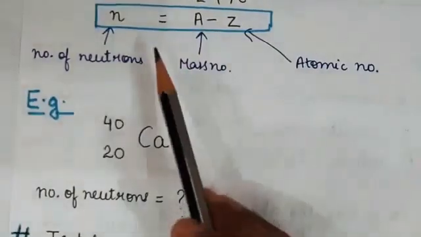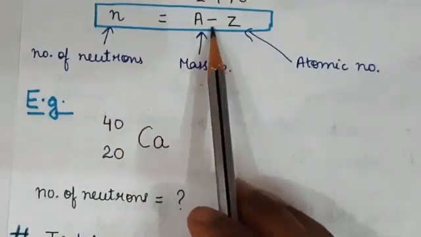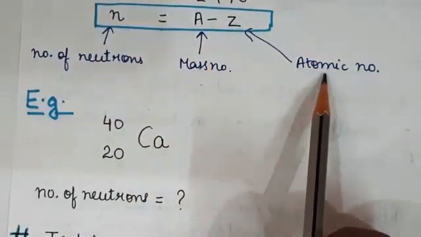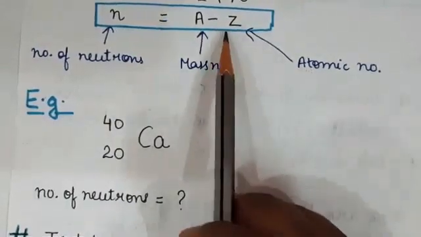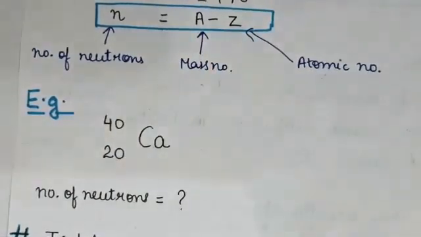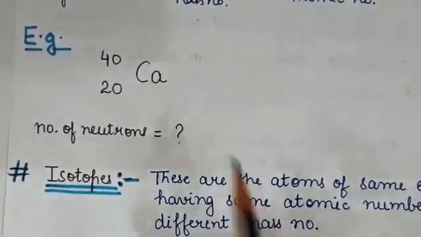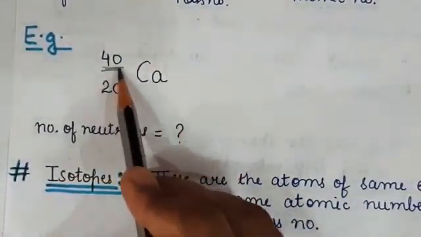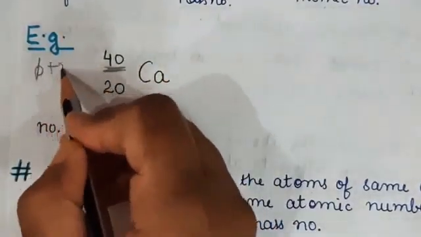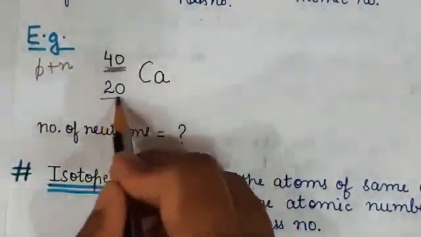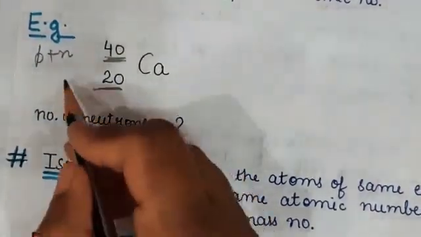So you can write down the formula. Number of neutrons is equal to mass number minus atomic number. Mass number is represented by capital A, atomic number is represented by capital Z. So let us take the same example. 40 is mass number. What is mass number? Proton plus neutron. And what is 20? 20 is atomic number. Atomic number means number of protons.